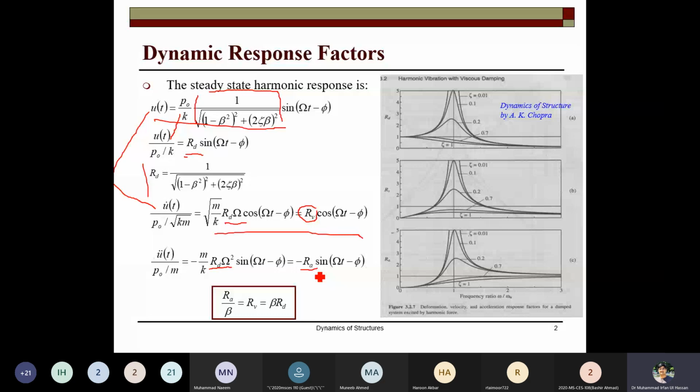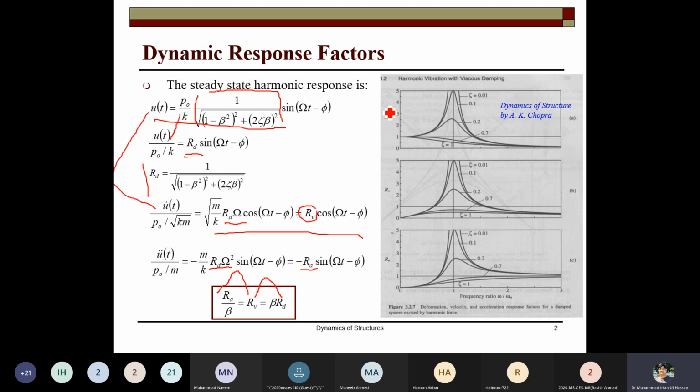So from the displacement response we can make the velocity response, and then the acceleration response. These are interlinked with each other such that beta RD is equal to RV, and RV is equal to RA over beta. These are interlinked with each other.